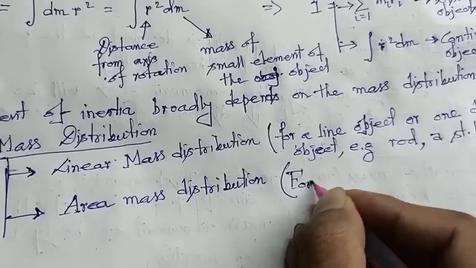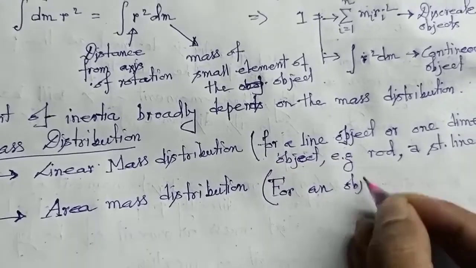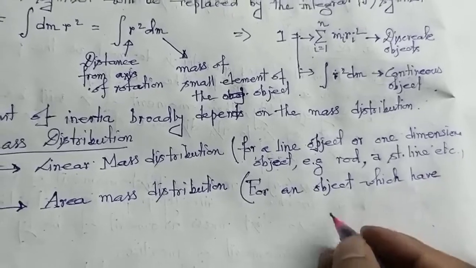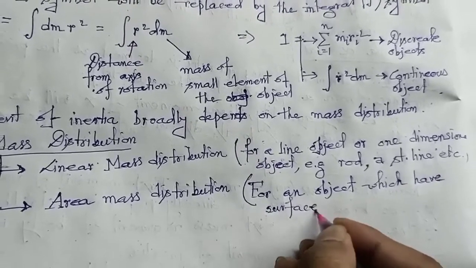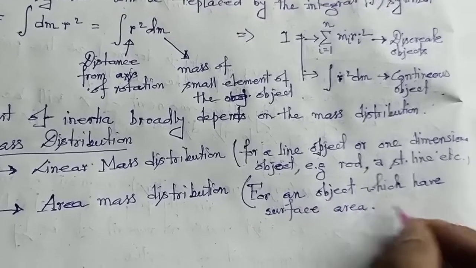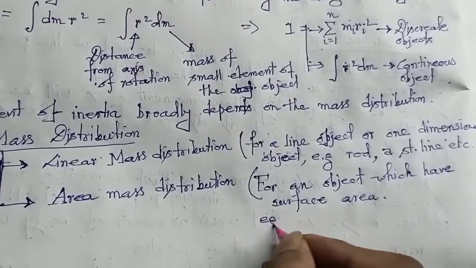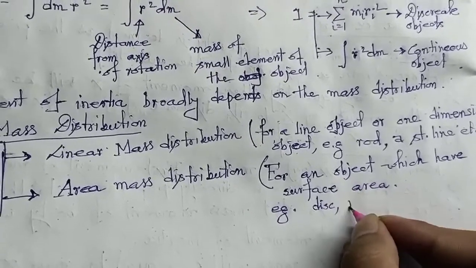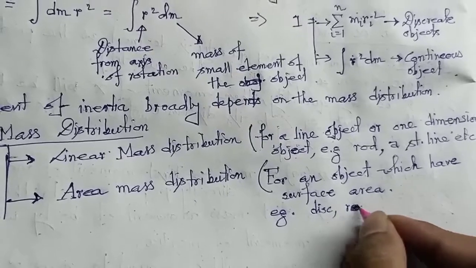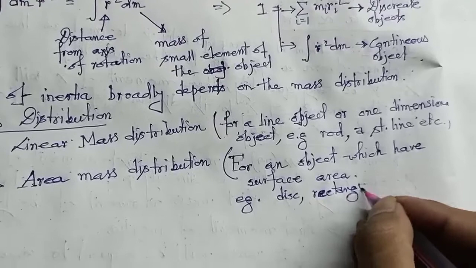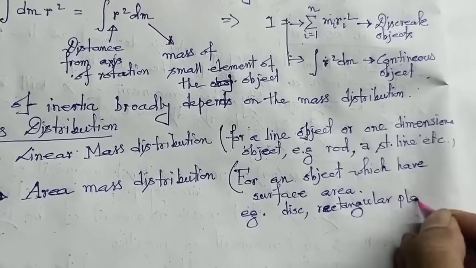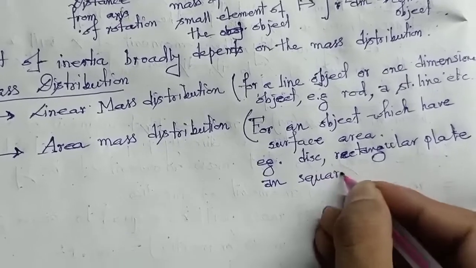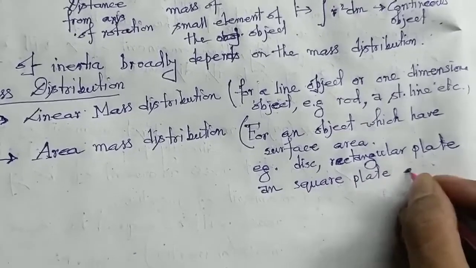For example, a disc, a rectangular slab, a rectangular plate, a square plate, etc.